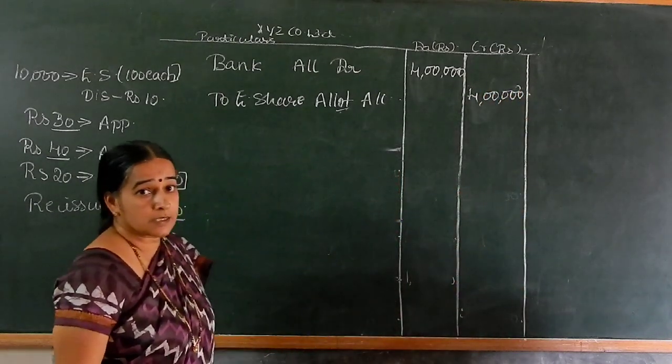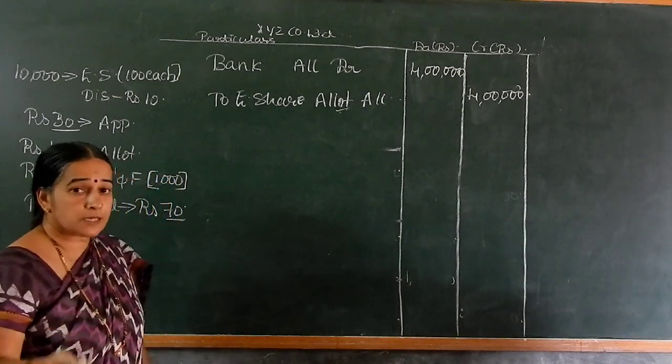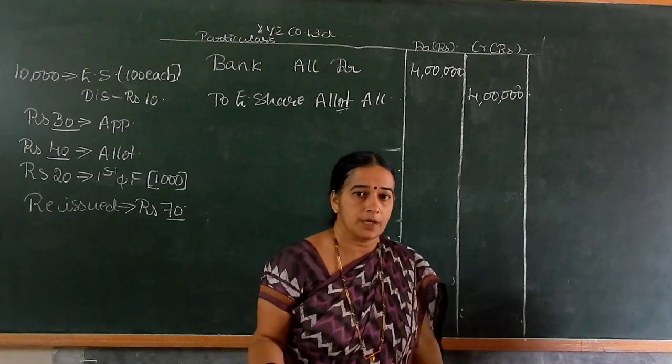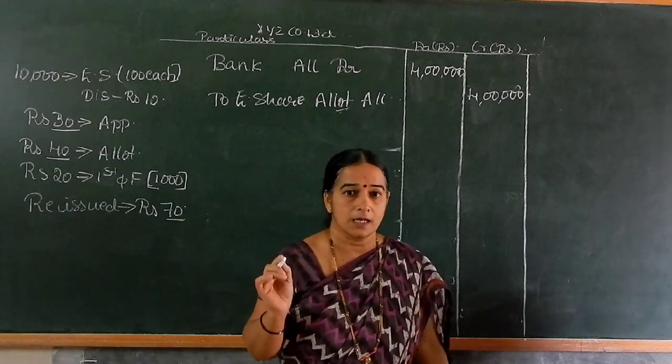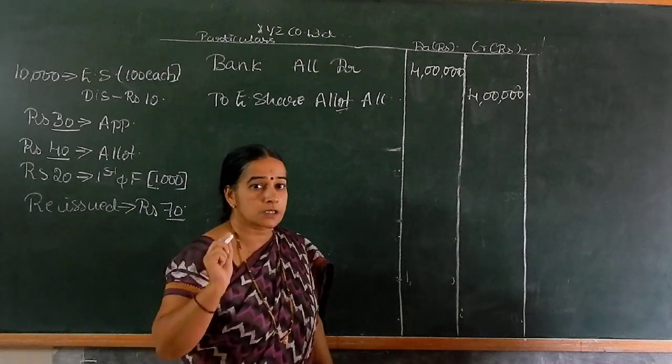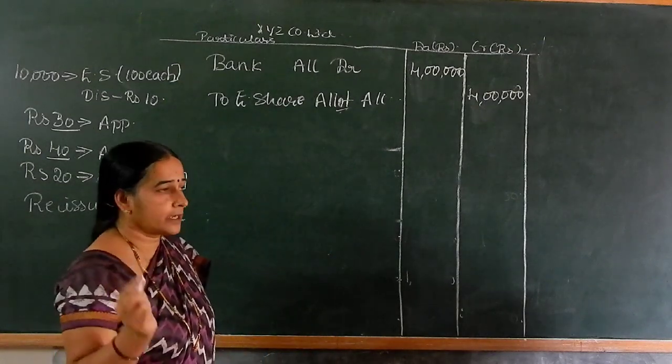So after allotment money received, then the first and final call money will be due. After some days, the company will send one due notice to the shareholders to pay the first and final call.